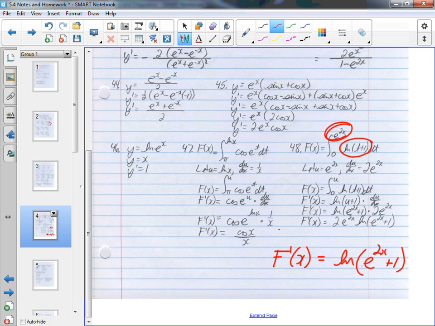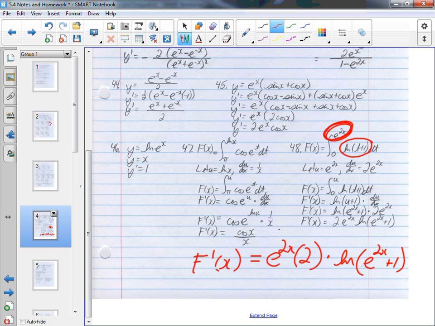Well, that's u. So the derivative of e to the u equals e to the u times the derivative of u. So the derivative of e to the 2x equals e to the 2x times the derivative of 2x. So times e to the 2x times the derivative of 2x.